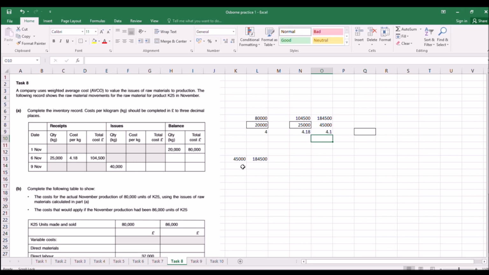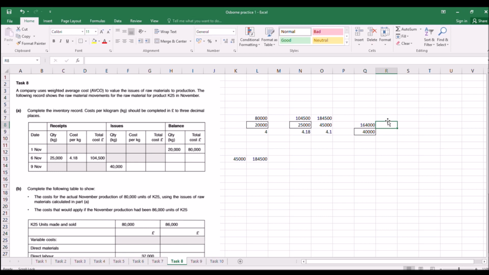For that 184,500, those 45,000 units, the average price is £4.10, and so that's what we actually use when we issue out on this truck. 40,000 items go on that truck, and they go on at £4.10. 164,000. So that's what's going to go out.